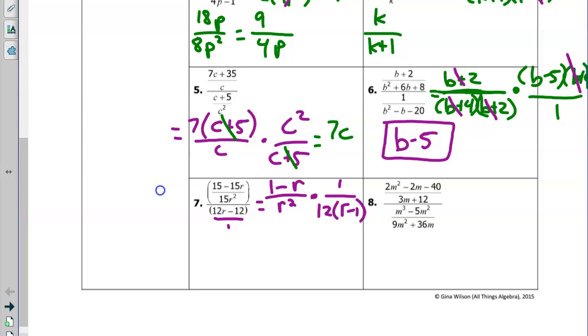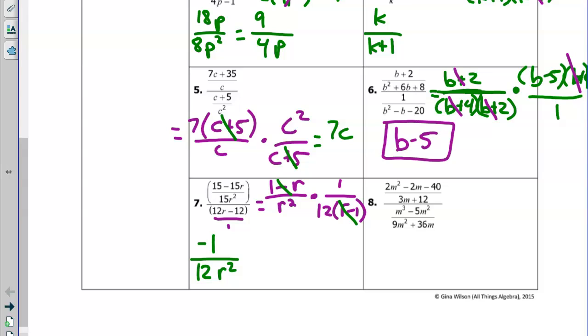Then we have 1 minus r over r minus 1. Those cancel out to negative 1. And then we still have the bottom 12r squared.